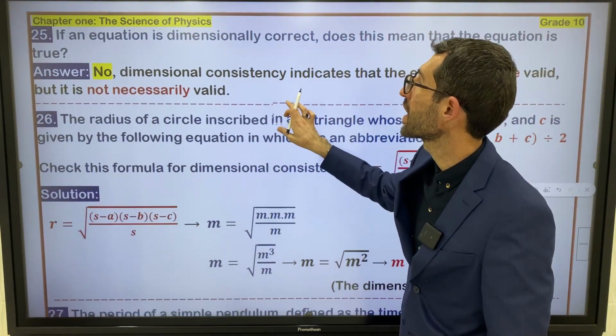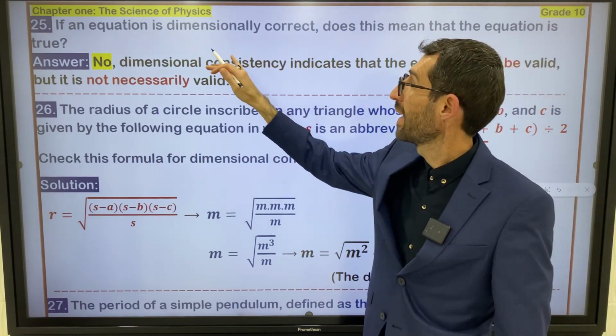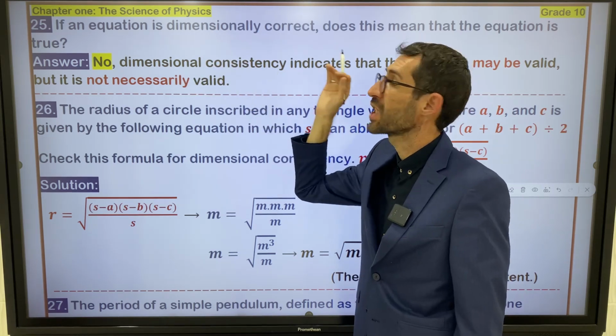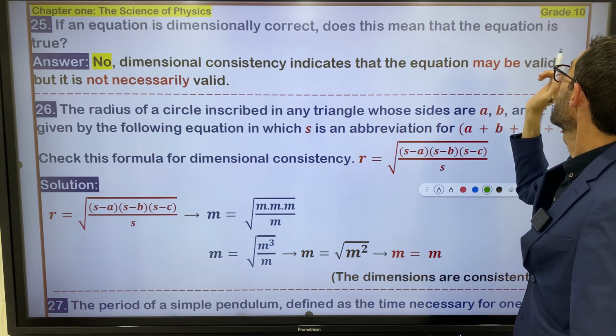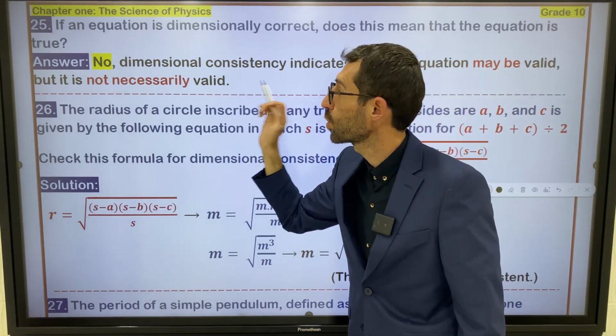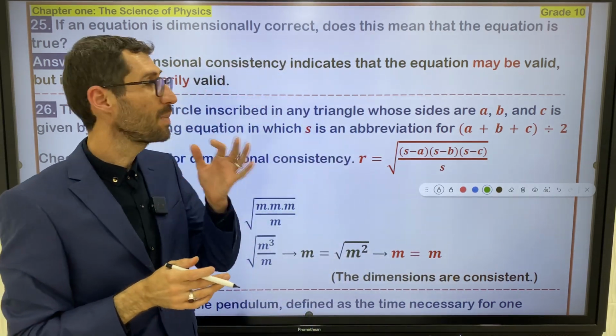If an equation is dimensionally correct, good question, does this mean that the equation is true or not? We have an equation whose dimensions are correct. Let me give you an example.